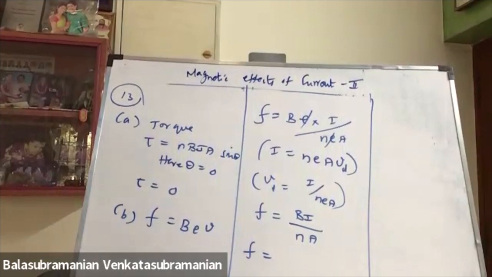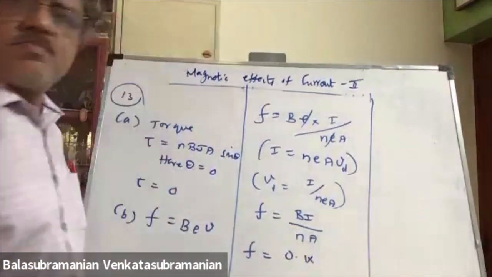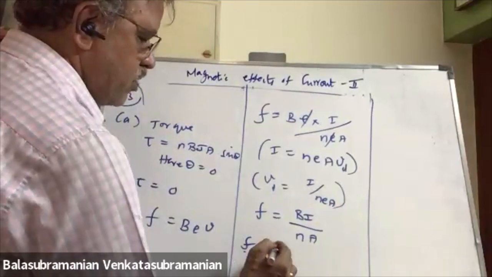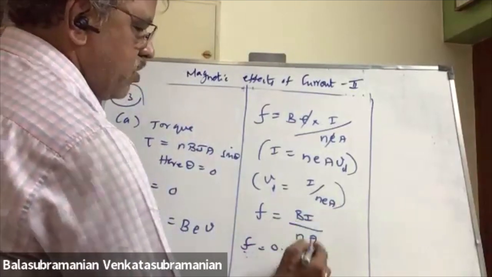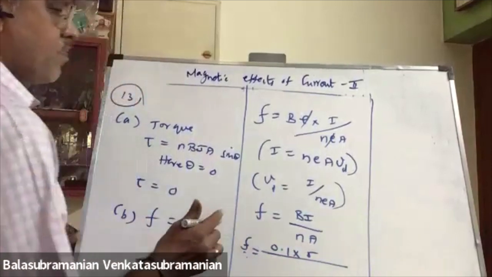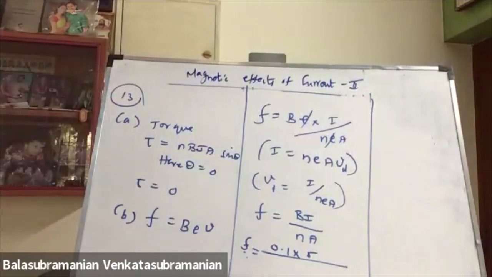So force on each electron, we have to calculate that value. 0.1 Tesla. F is 0.1, B value 5 ampere by, what is the value given?